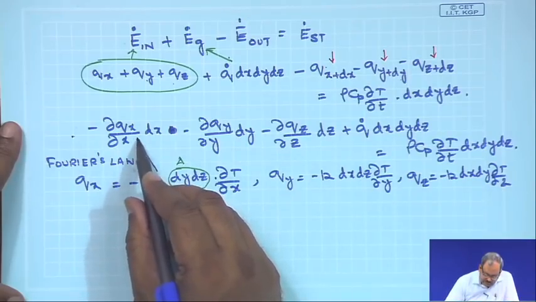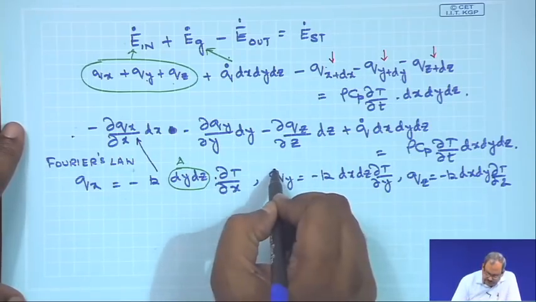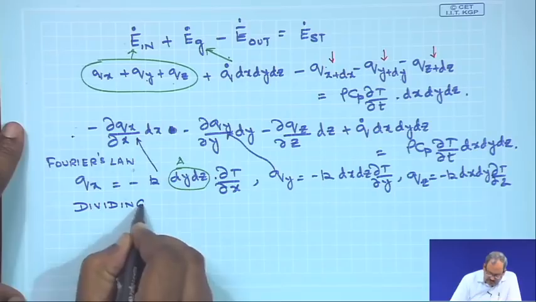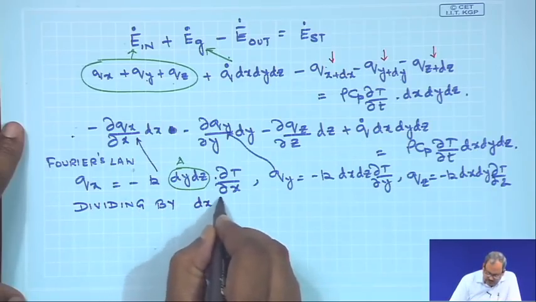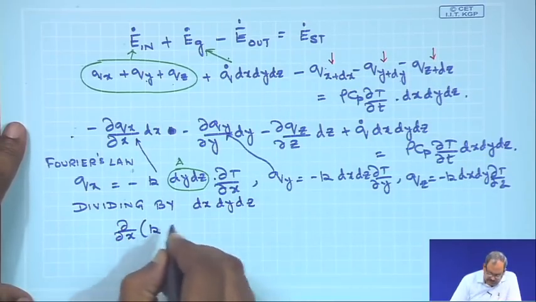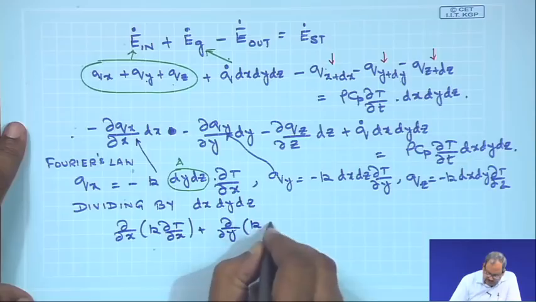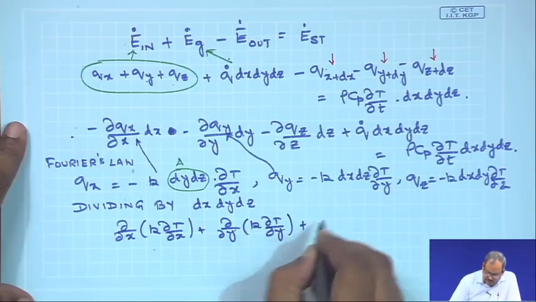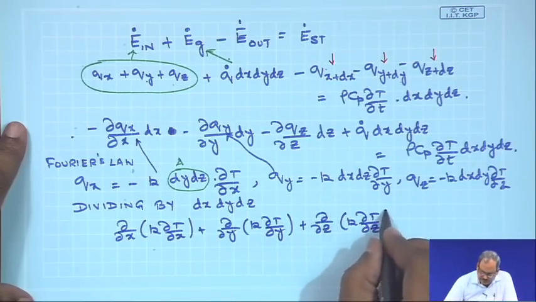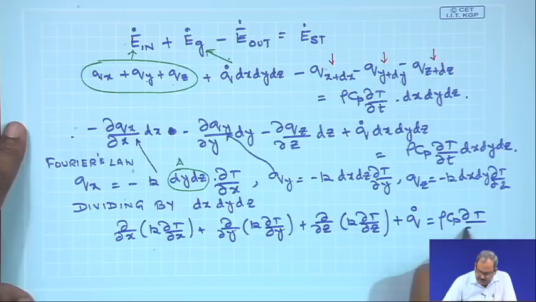So, once these are put in here and you divide both sides, what you would get is del by del x of k del T by del x plus del by del y of k del T by del y plus del by del z of k del T by del z plus q dot is rho Cp del T by del t.